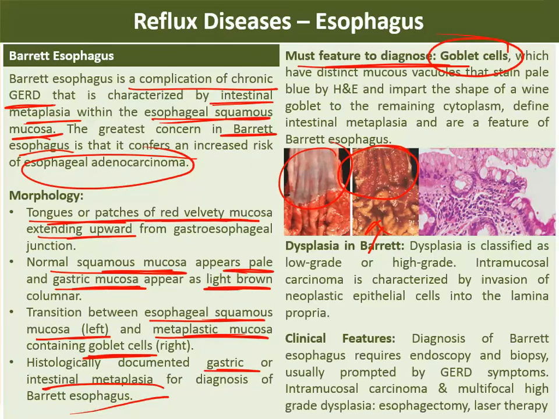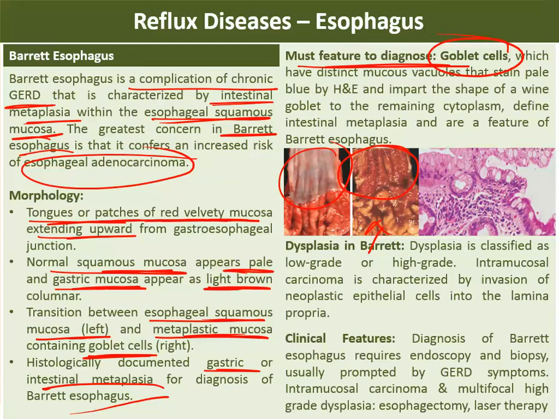If it is not present, you have to know histology first of all, my dear. So from the starting point of the esophagus till the end of the esophagus, it is lined by non-keratinizing stratified squamous epithelium. You will never see any kind of glandular epithelium there.